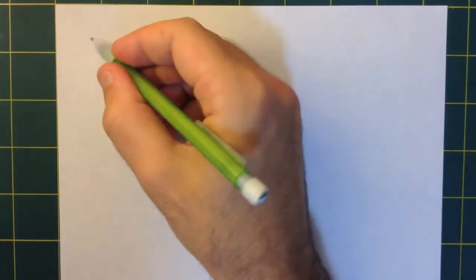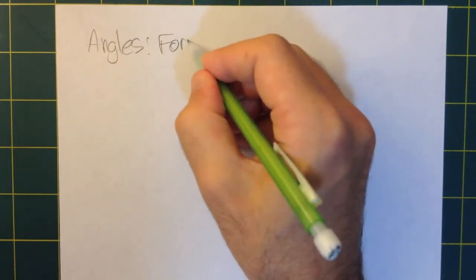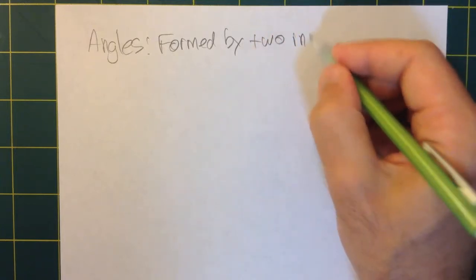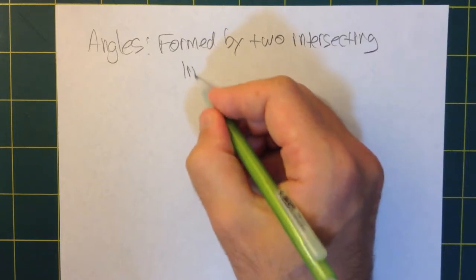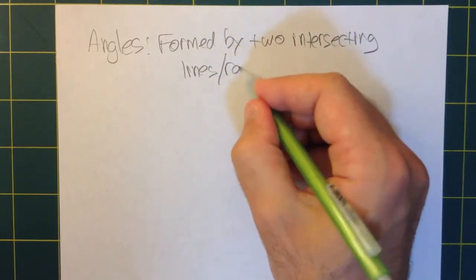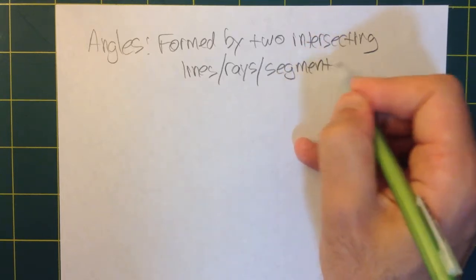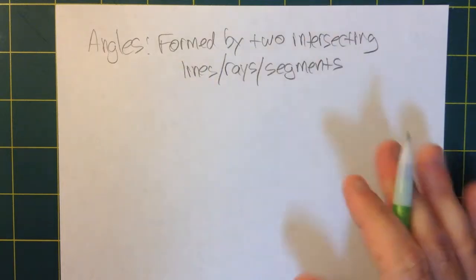And the last thing we're going to talk about is angles, which are formed by two intersecting lines, rays, or segments. Depending on how they intersect with each other, we can put them into categories and give them names.